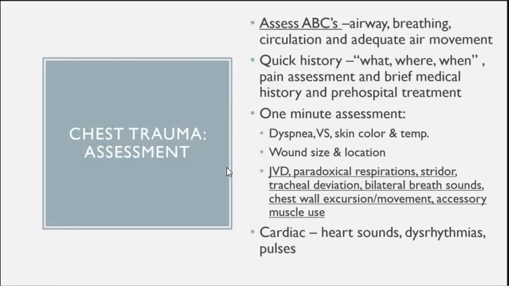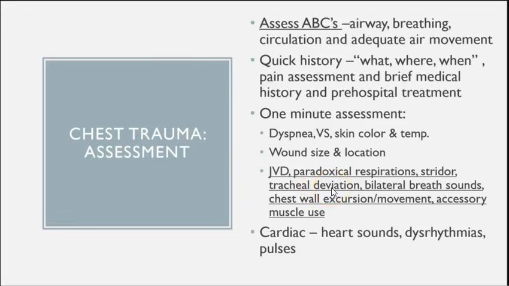Is it because they are in septic shock and they have cytokine storming and going to acute respiratory distress? Do they have jugular vein distension, paradoxical respirations, meaning their chest is sinking in and their stomach is pushed out? Stridor, is there an obstruction? Tracheal deviation.